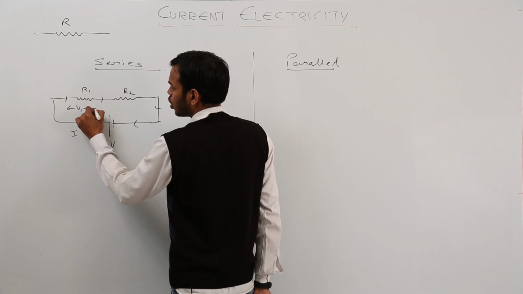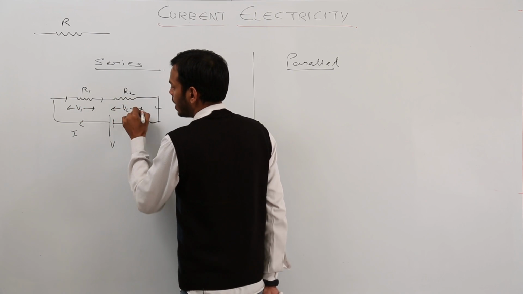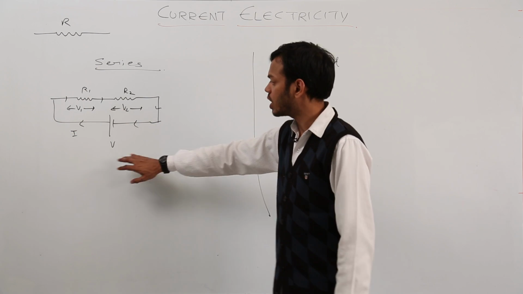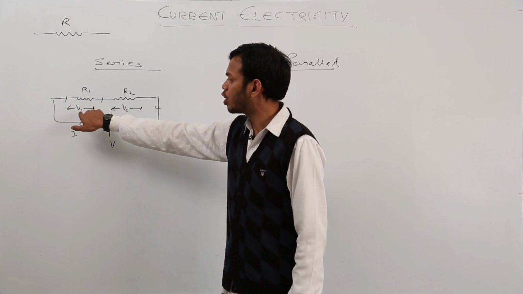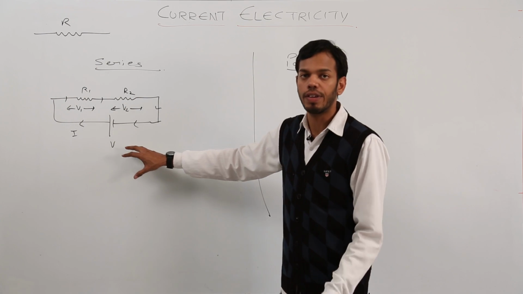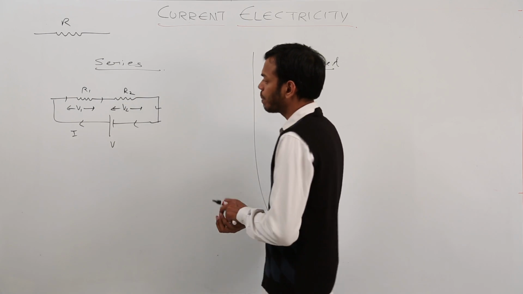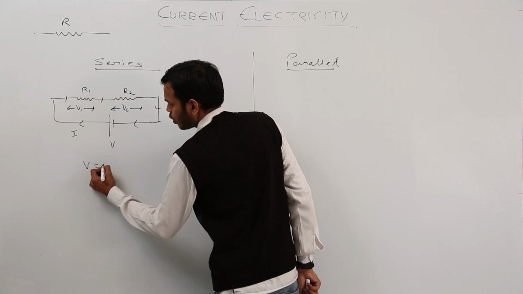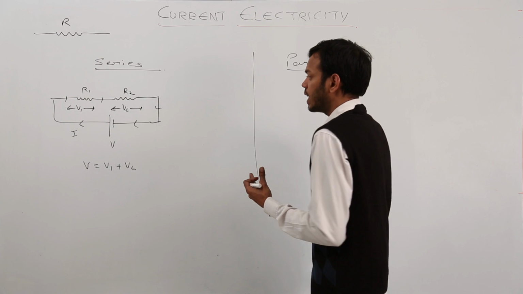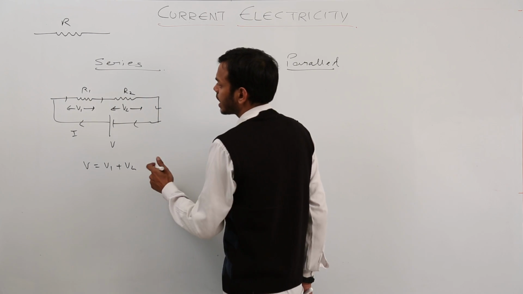There will be some potential drop here and there will be something here, but the potential drops would be in such a manner that the total potential drop V1 plus V2 will always be equal to the potential given by the source. That means V is equal to V1 plus V2. This is how potential drops take place in a series circuit.